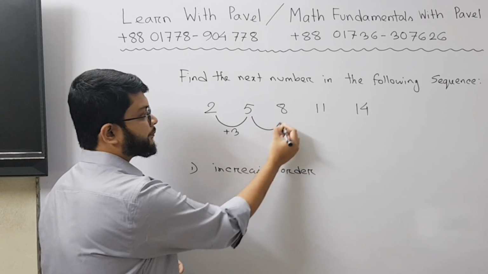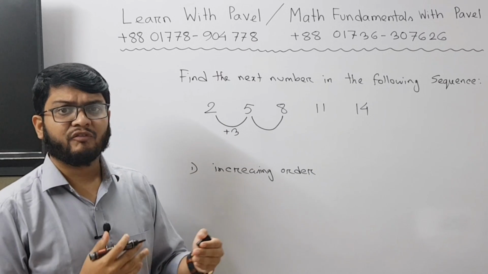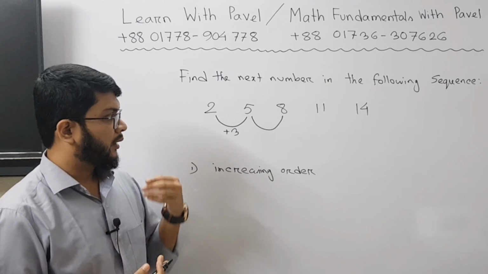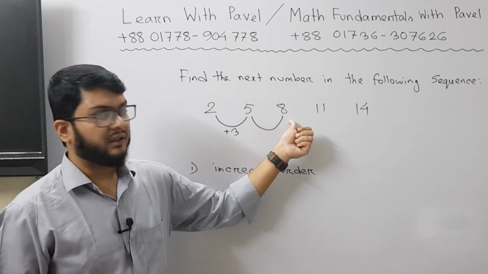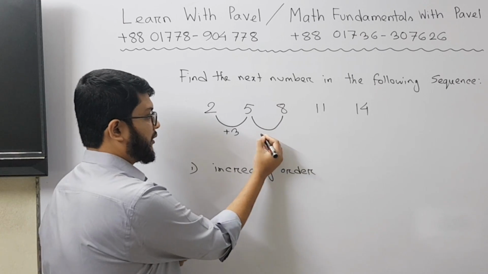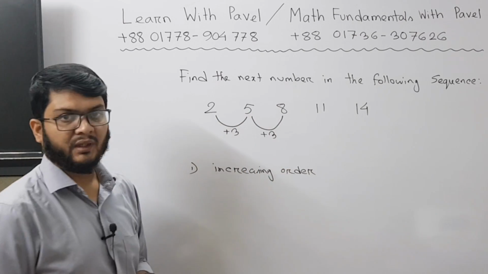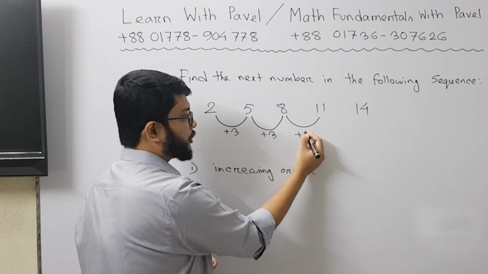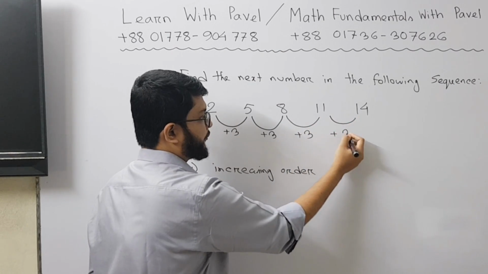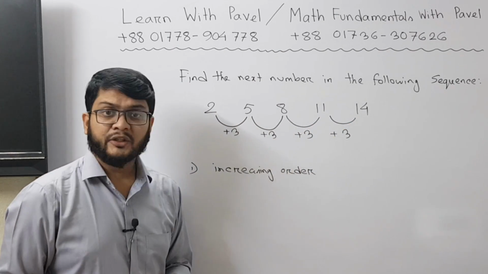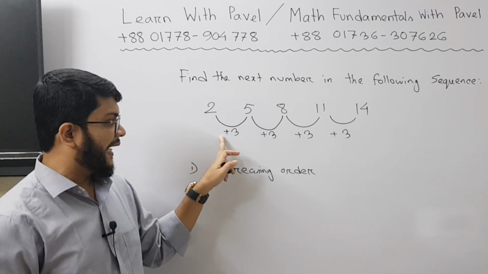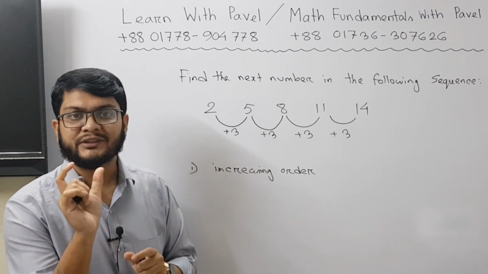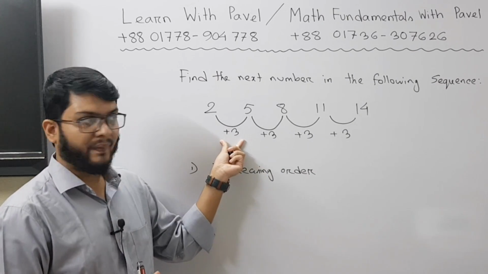Again, what is the difference between 5 and 8? If you deduct the smaller number from the greater number, you will get 3 again. Then the difference between 8 and 11 is also 3. So what you can observe here is that every time the difference between two consecutive numbers is 3.